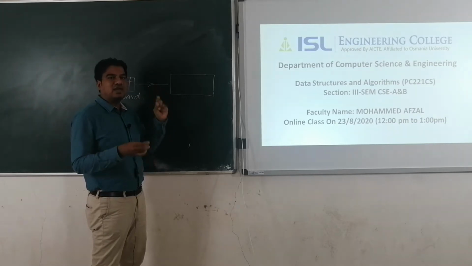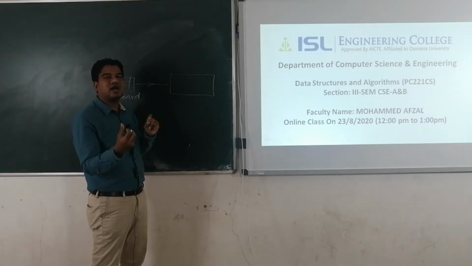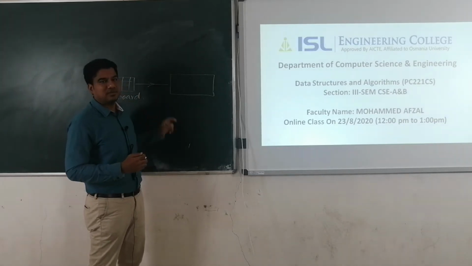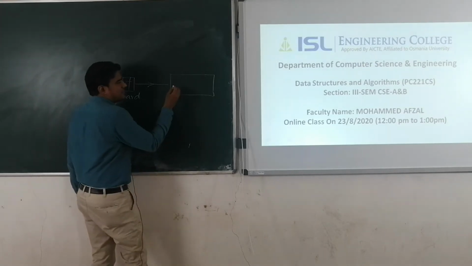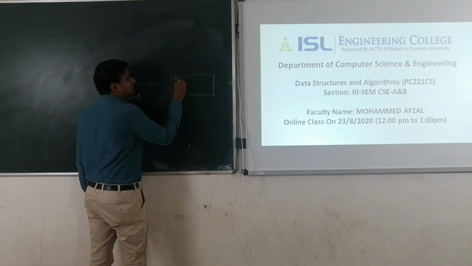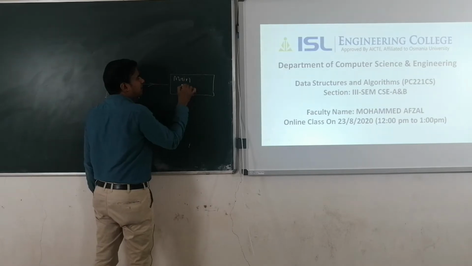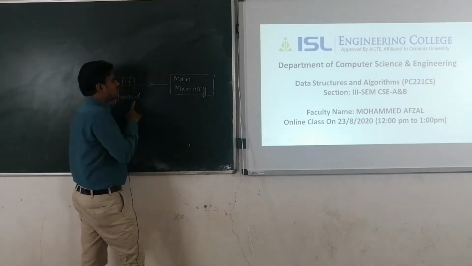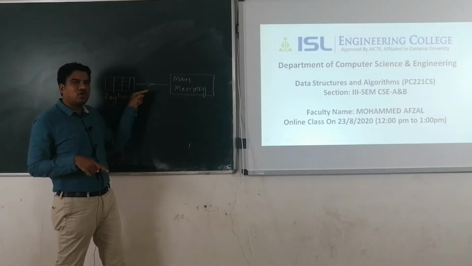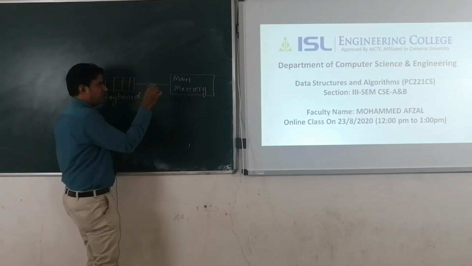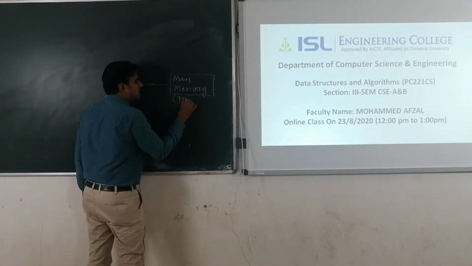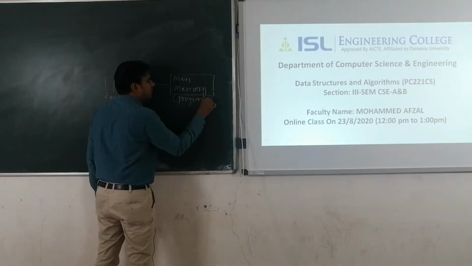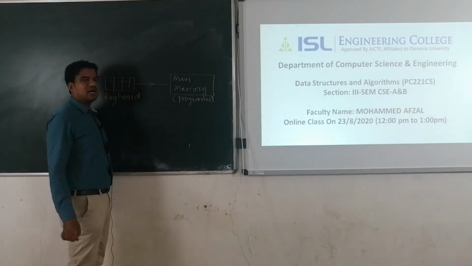So for processing, we have to bring the program from the hard drive to the random access memory, RAM. That RAM is nothing but your main memory. So here I am writing main memory. From the keyboard, the data will flow towards the main memory, where your programs are residing.